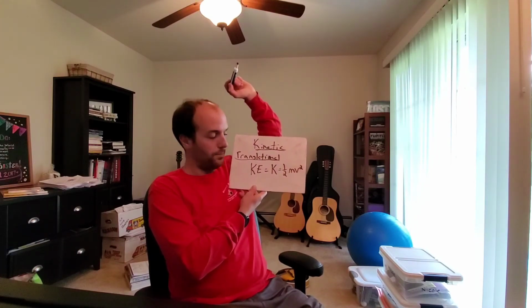Right, so KE for the Regents folks, just plain old K for the AP folks, equals 1/2 mass times the speed squared. All right, and the other kind of energy, or kinetic energy that we're going to talk about, is rotational kinetic energy, right? And this is the energy of an object that's rotating, right? Could be a ball rotating. It could be this marker.